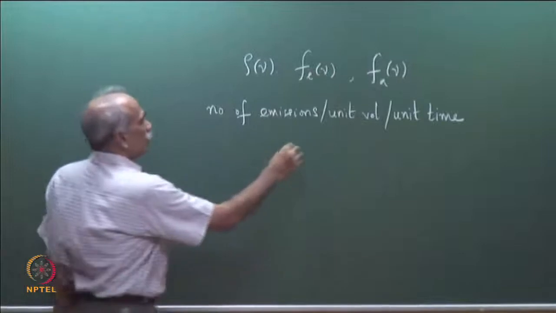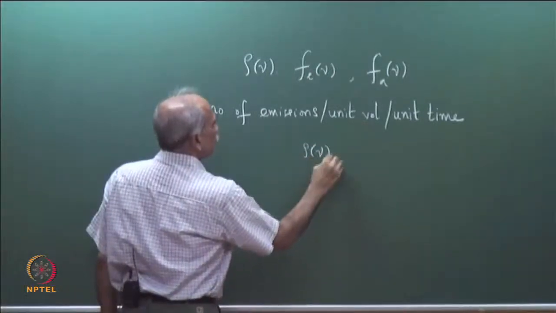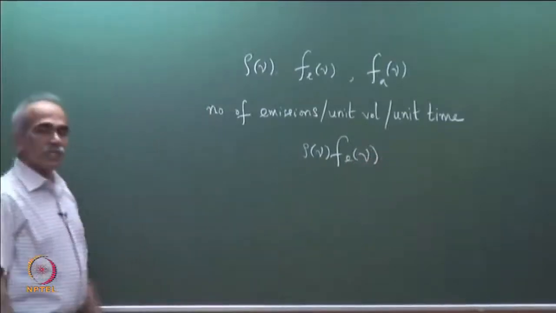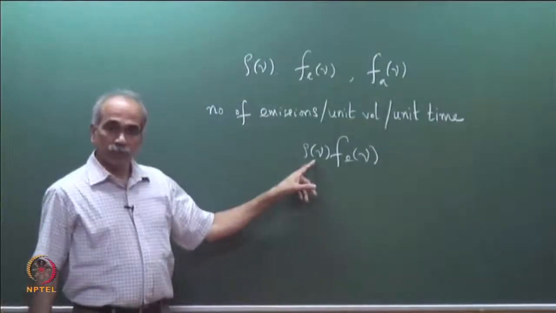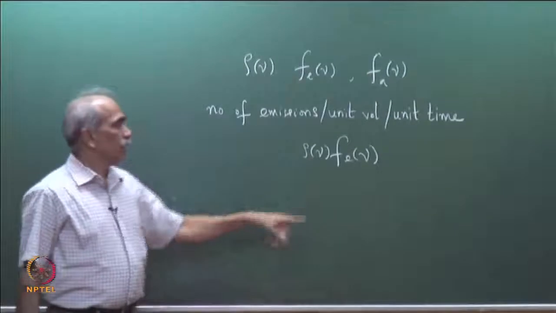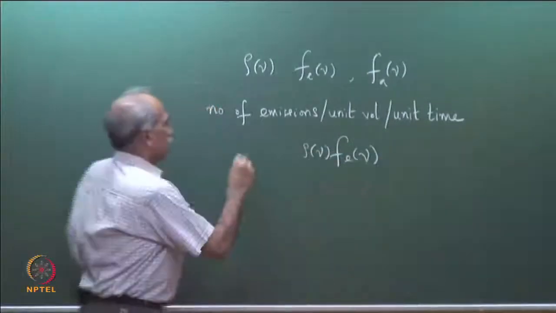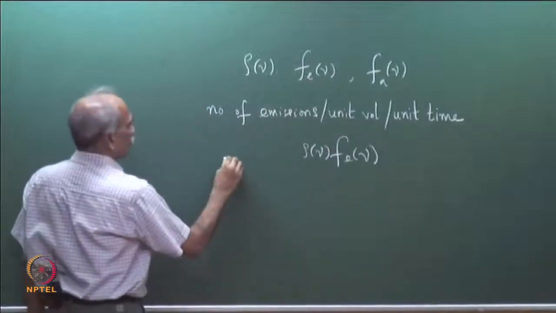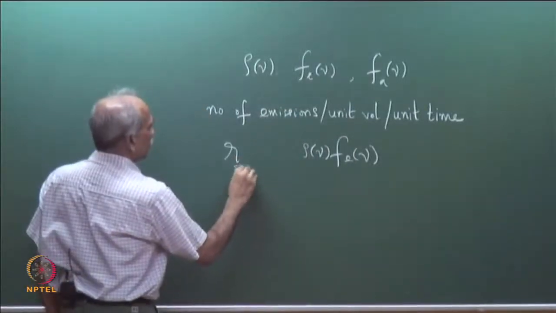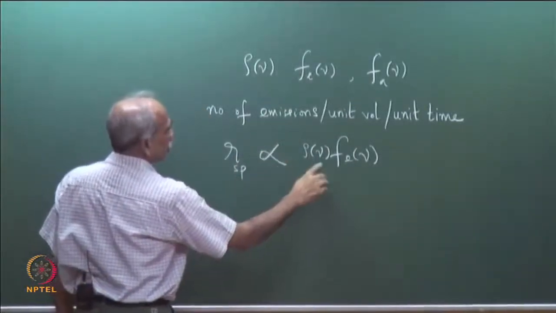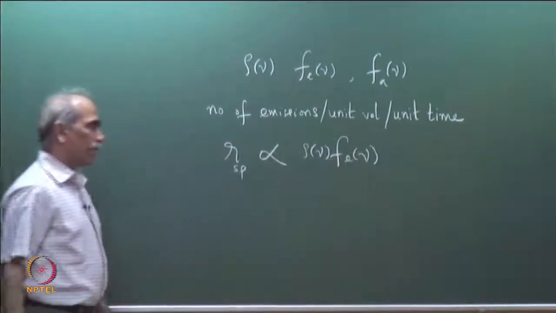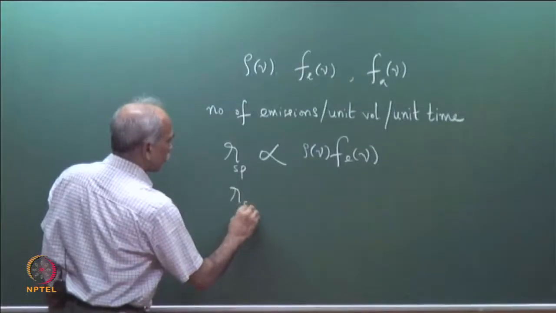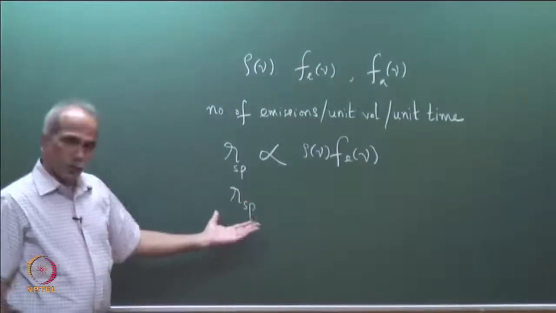So rho of nu into Fe of nu gives the number of emissions per unit volume, and therefore the rate of spontaneous emission, RSP, SP standing for spontaneous emission, is proportional to rho of nu into Fe of nu.